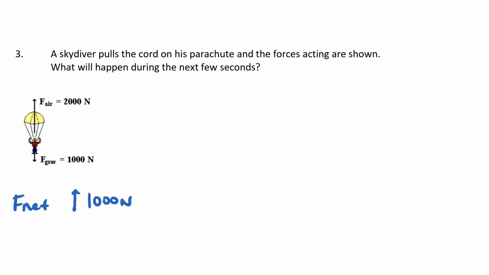Which way is it moving, and how will that change? Skydiving usually means that we're falling, so the motion is downwards. And if F net is up, that also means my acceleration is going to be upwards. So if it's moving downwards and accelerating upwards, this means it's going to be slowing down.